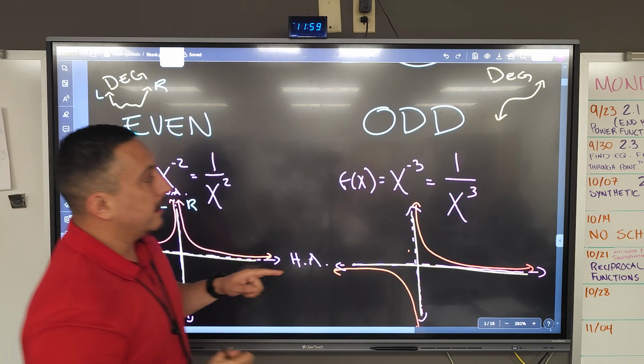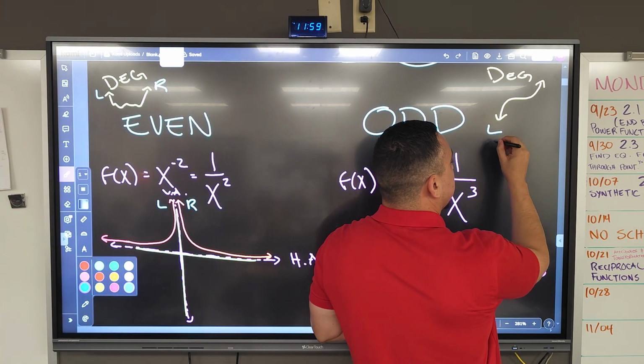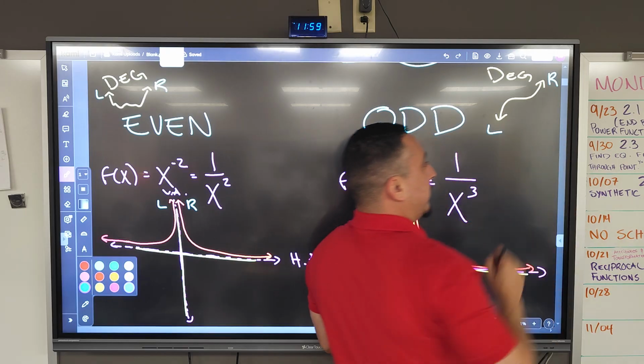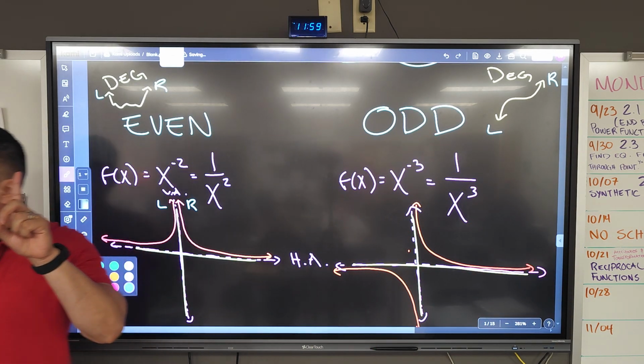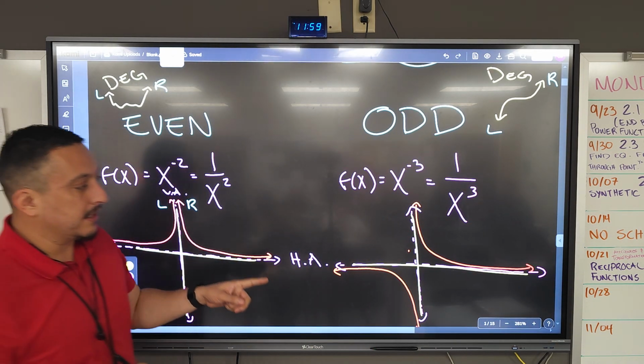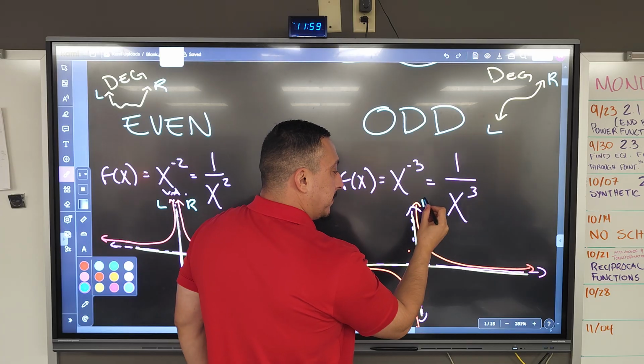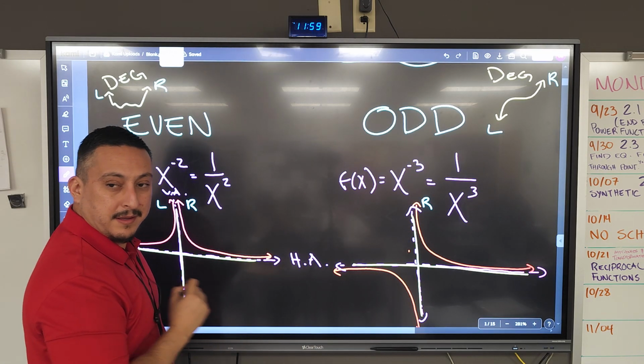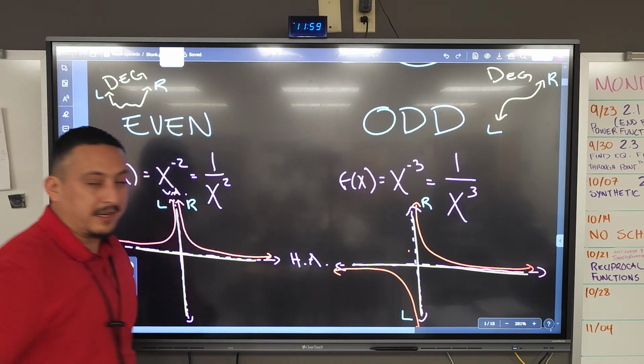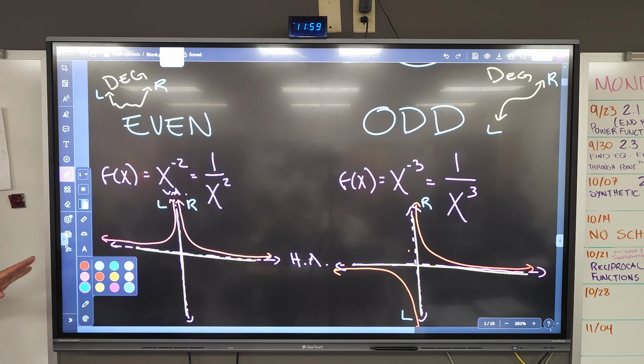Here, my left arm is pointing down. My right arm is pointing up on my S shape, right? Same thing here. Look, the right one is pointing up. The left arm is pointing down. So it still fits my odd and even degree. It's just the shape's a little bit different.